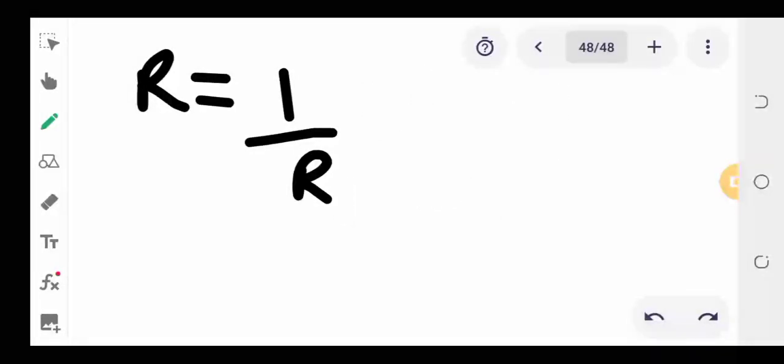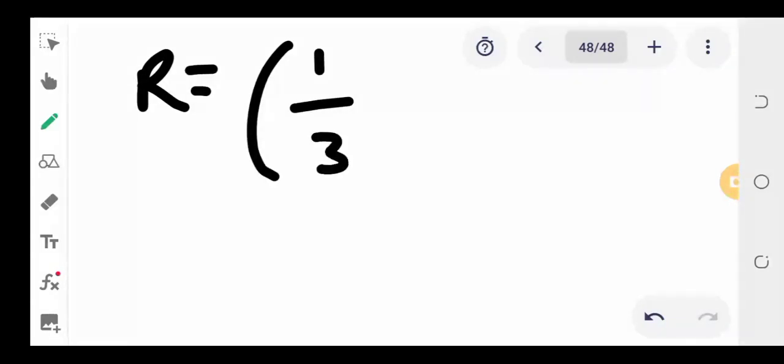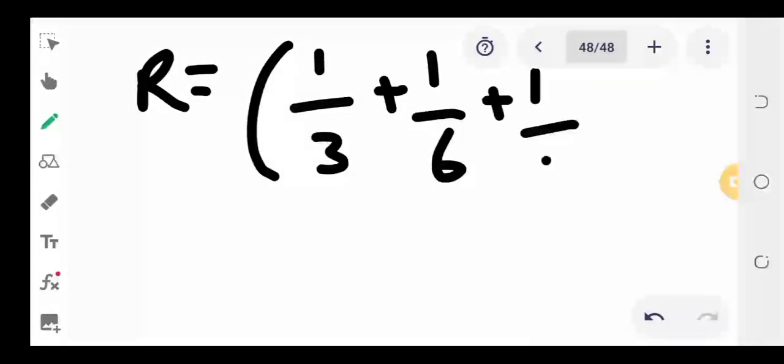So now let me apply this formula to the resistors that I have. I've got 1 over 3 plus 1 over 6 plus 1 over 3 again.